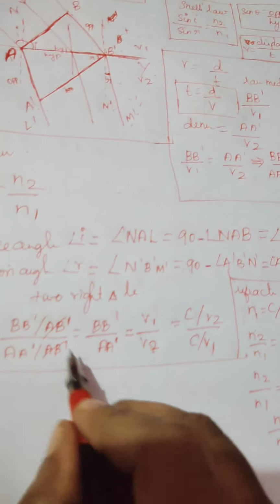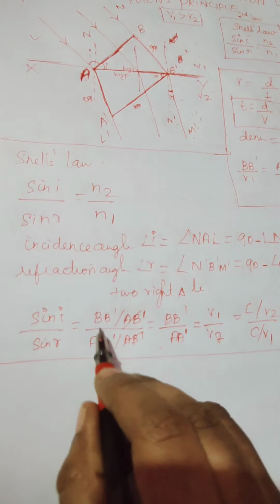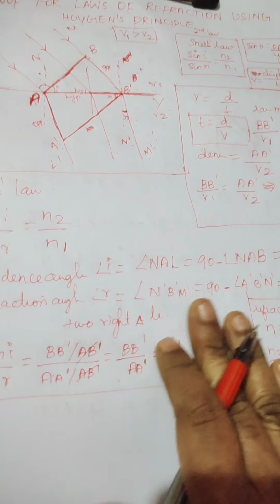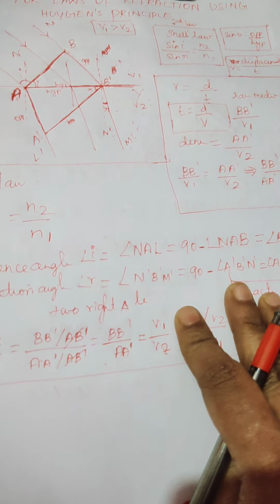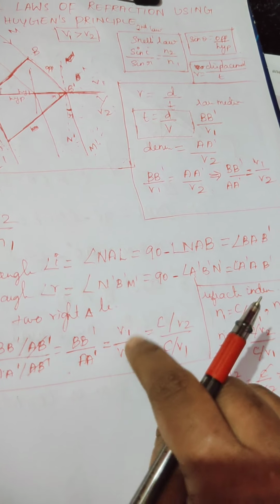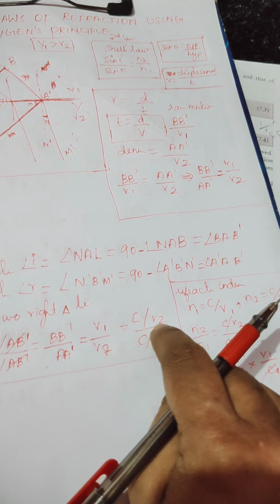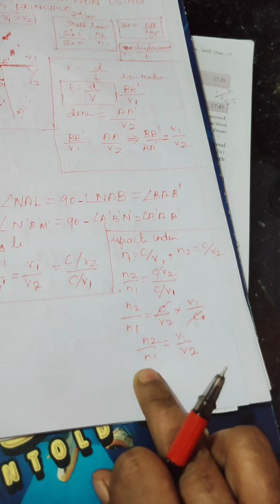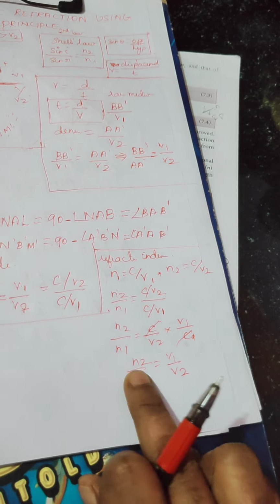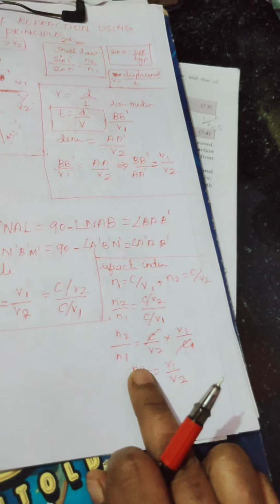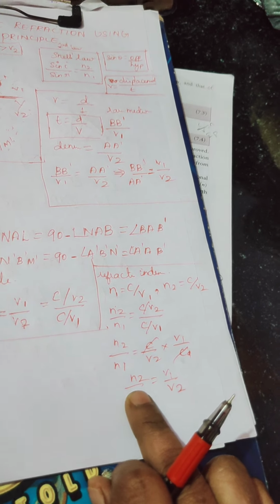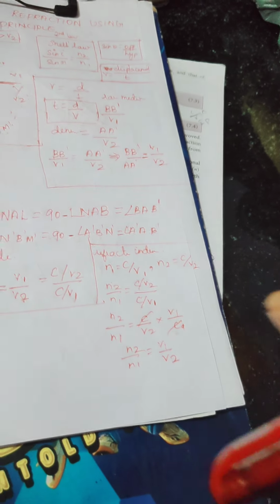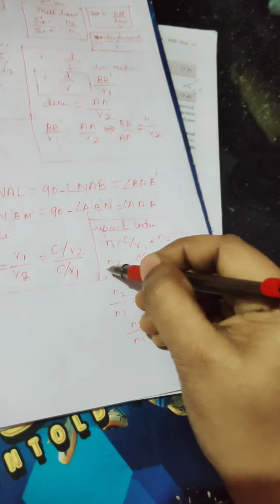While applying the opposite by hypotenuse formula, taking the sine, I get this answer and I can write this as V1 by V2. Again, I can write this V1 by V2 as C by V2 divided by C by V1, because V1 by V2 is equal to N2 by N1. Watch it carefully, you will be able to understand.